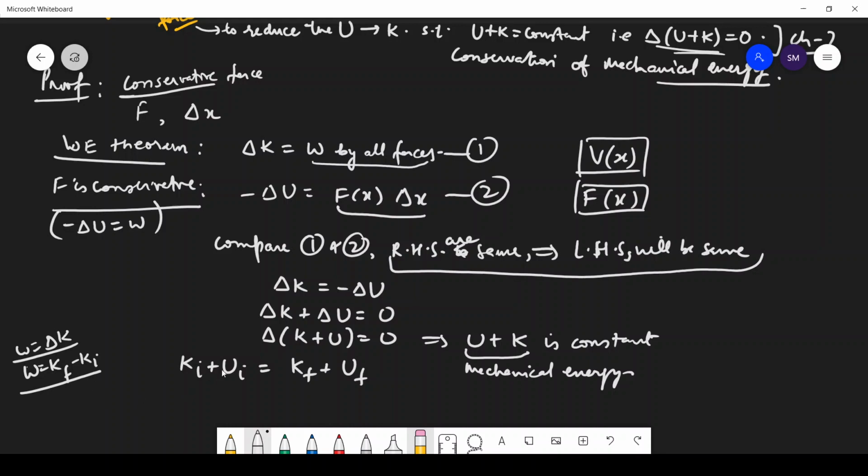Okay, so let us write it in terms of this work done. So ki will go this side and uf will come this side, so that's equal to ui minus uf.